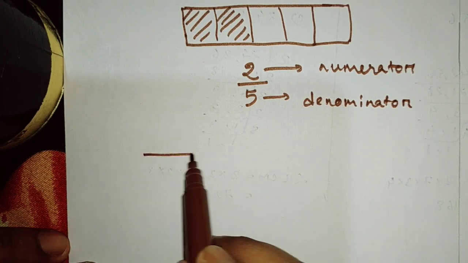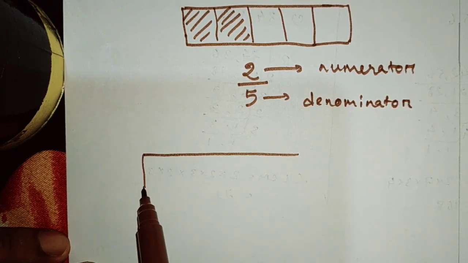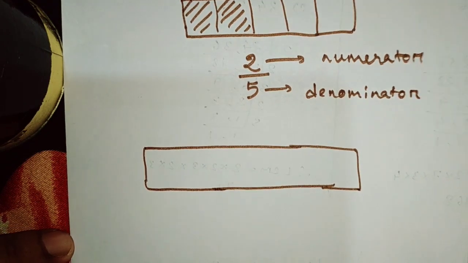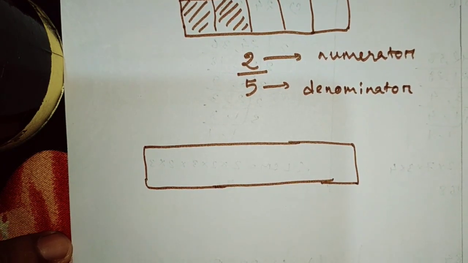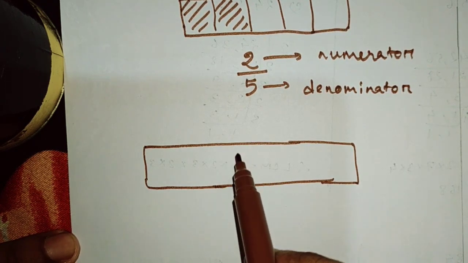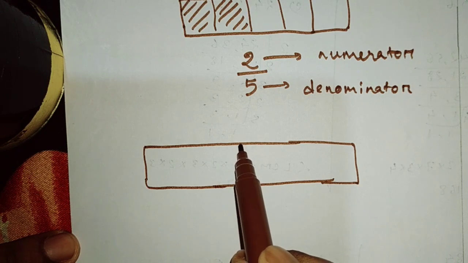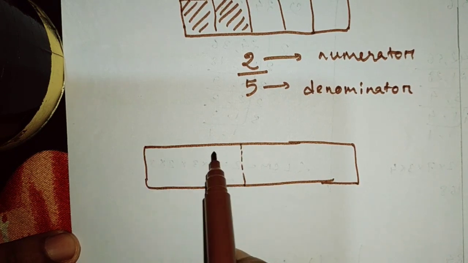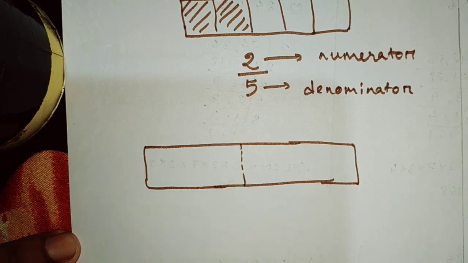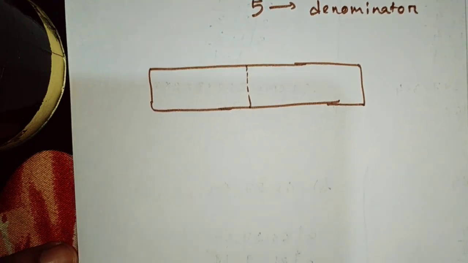So let's take another chocolate bar, like this. Okay, suppose this is our Dairy Milk. Now if I tell you that I have eaten this much of the chocolate bar, what would be my fraction?